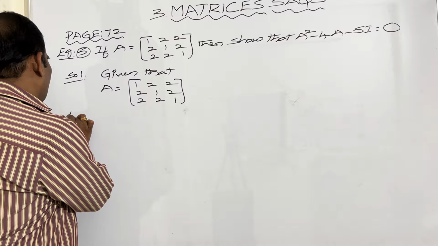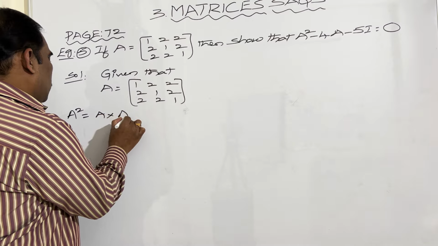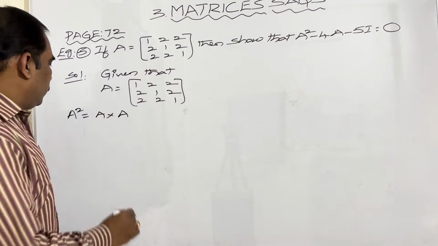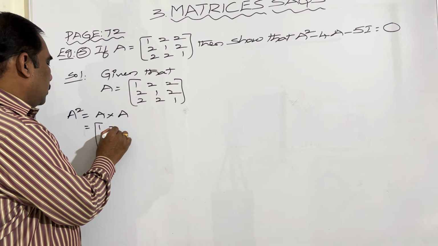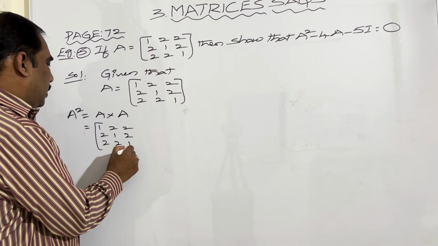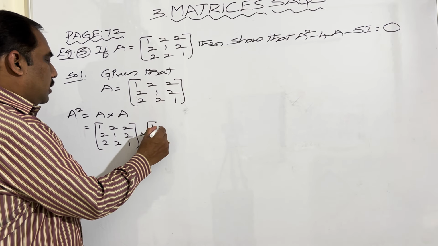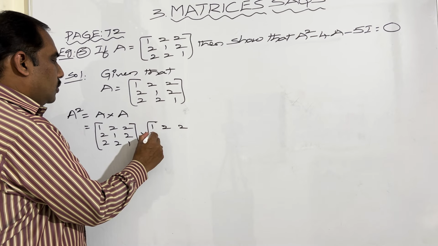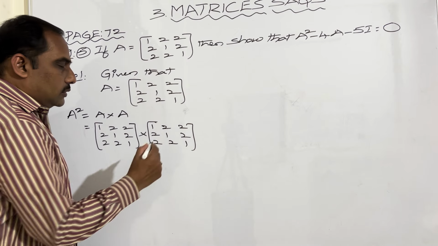Finding A square, that means multiplying the matrix A 2 times, A into A, which is equal to matrix A, we have 1, 2, 2, 2, 1, 2, 2, 2, 1, into again the same matrix, 1, 2, 2, 2, 1, 2, 2, 2, 1.